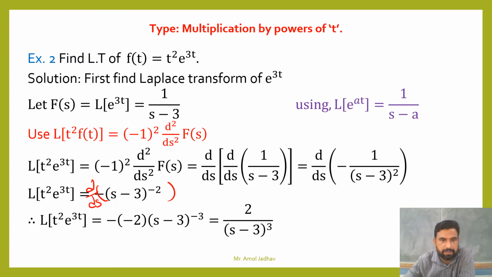Minus 2 is constant, the minus sign as it is, and s minus 3 raised to minus 2 minus 1 into the derivative of s minus 3, which is 1. So the derivative is minus 2 into (s minus 3) raised to minus 3. Here minus minus is plus, giving 2 upon (s minus 3) cube. So the final answer is 2 upon (s minus 3) bracket cube.